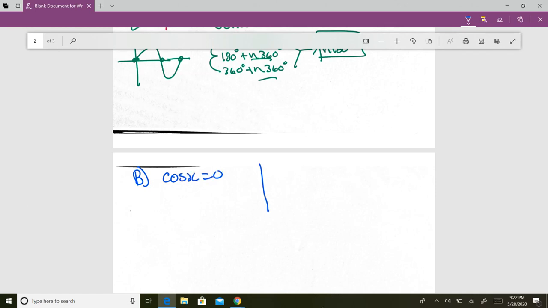Well, if you remember the cosine graph, where does it equal 0? There and there. That's 360. Halfway is 180, so that has to be 90 and 270. So x is equal to 90 degrees and 270 degrees.